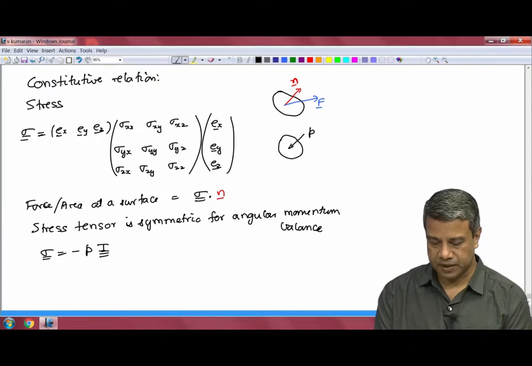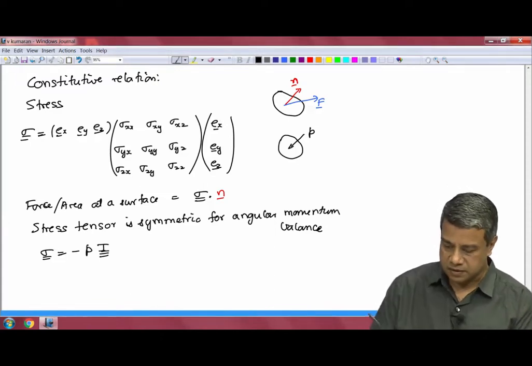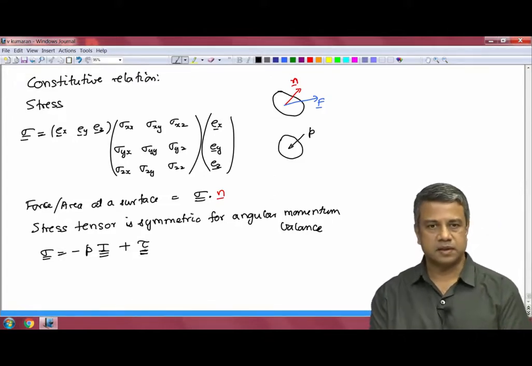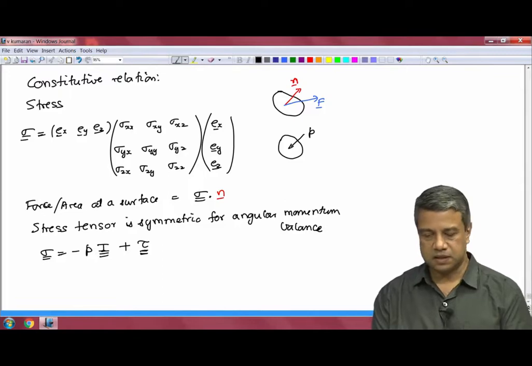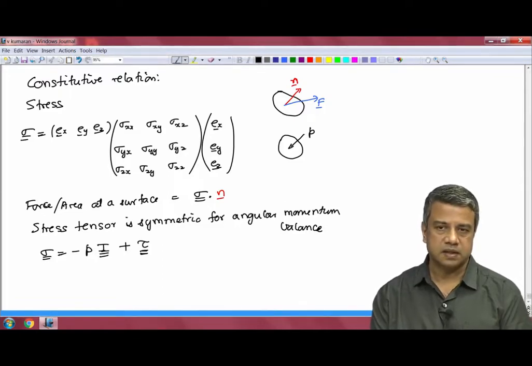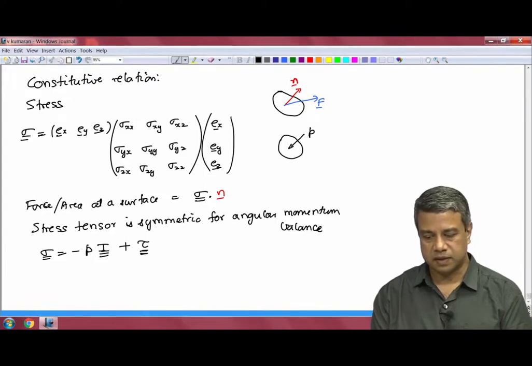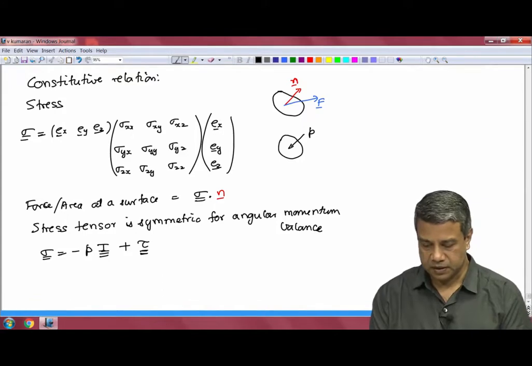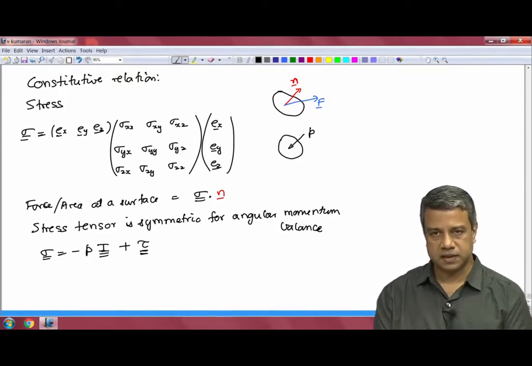In the presence of flow, there is going to be one additional term here. I will call that the shear stress, the pressure plus the shear stress, and this second component has to be necessarily symmetric because of our requirement that the stress tensor is symmetric. So, there can be no antisymmetric part of the stress tensor.